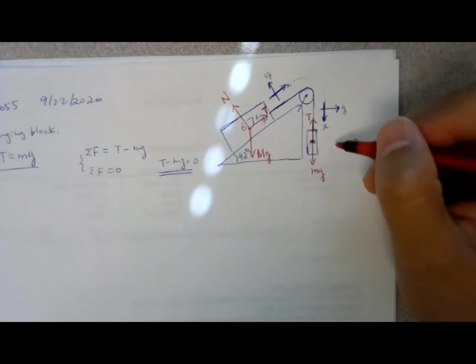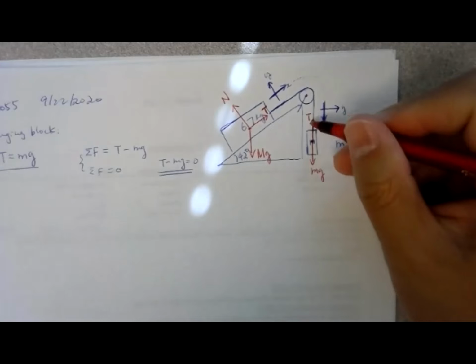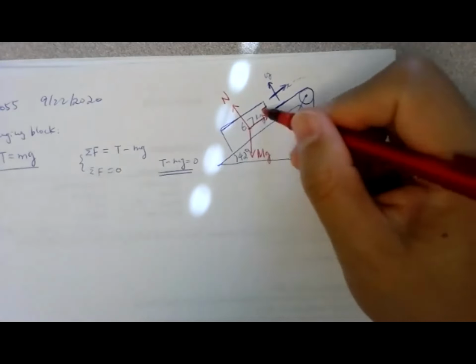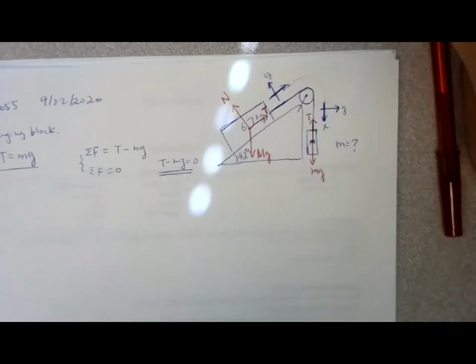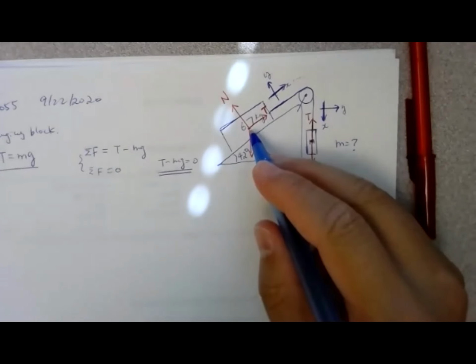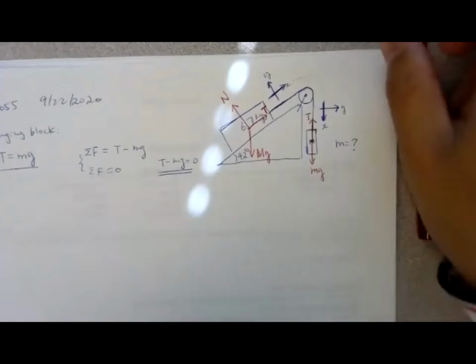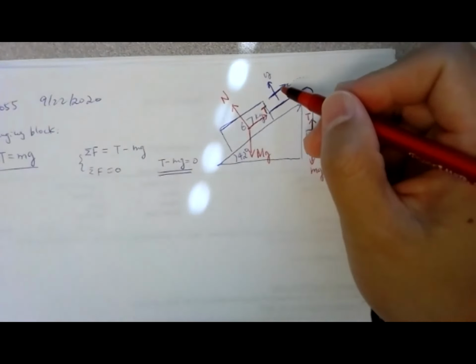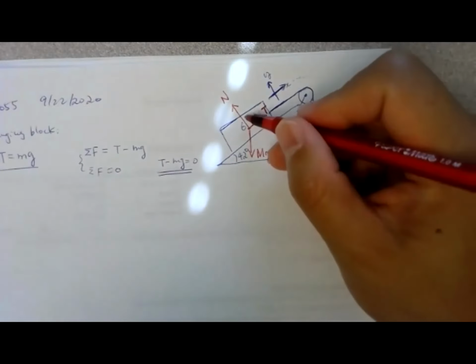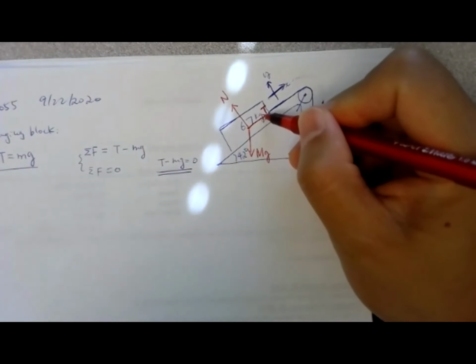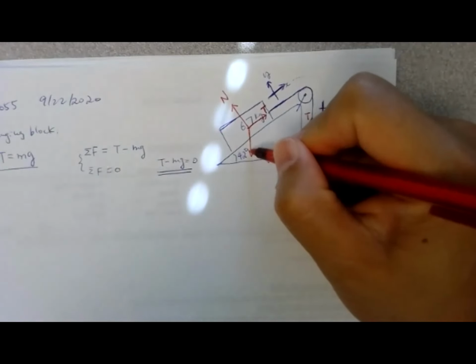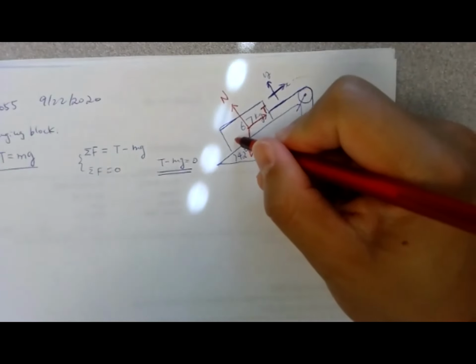So then to solve for M, you need T. So then we can probably figure out T by looking at the free body diagram of this guy. Okay. So this guy, because now you have X along the surface, Y perpendicular to the surface, these two are already either in the X direction or Y direction. So then you just have to resolve the weight into the X and Y components.